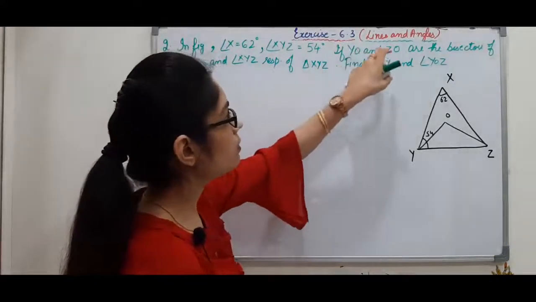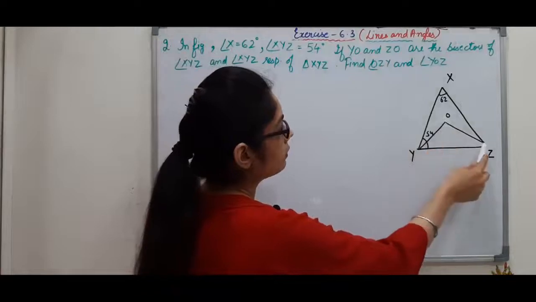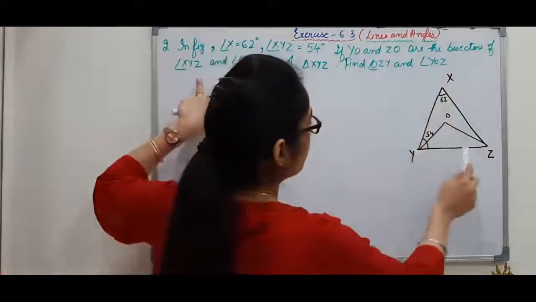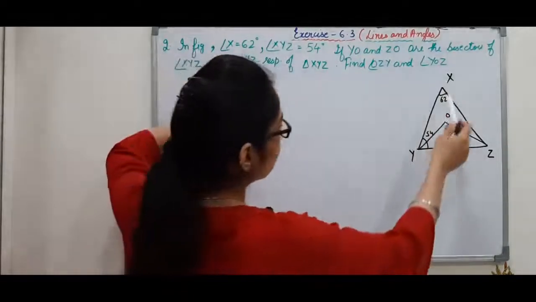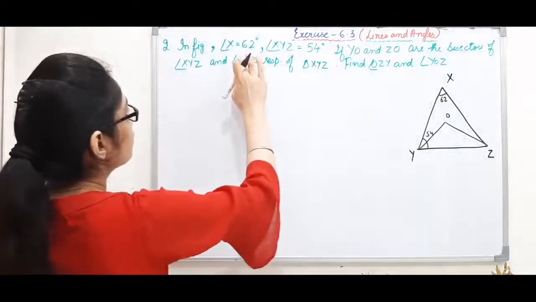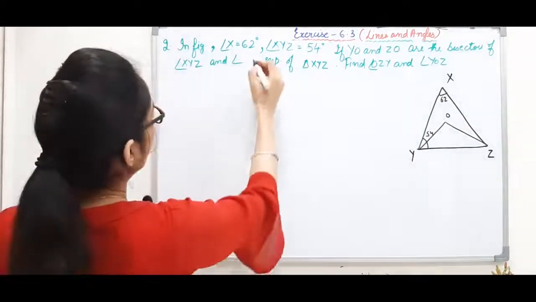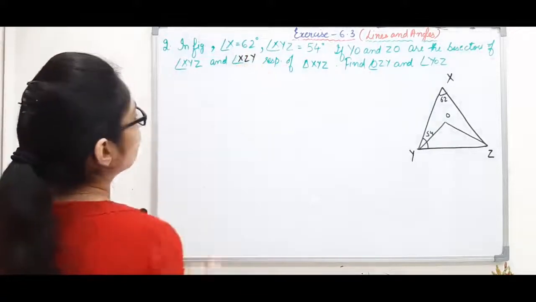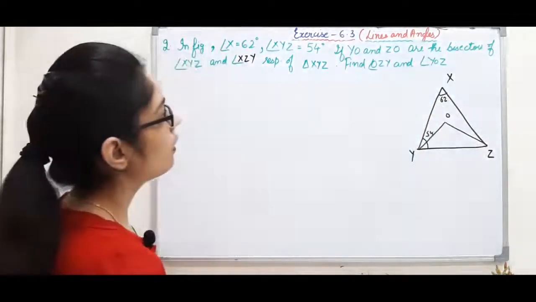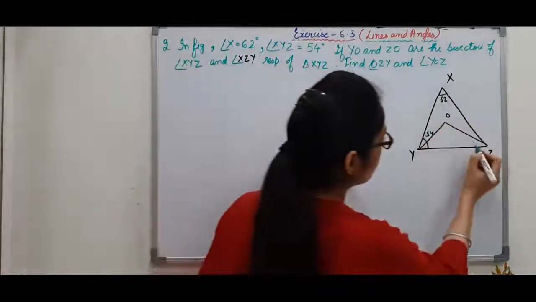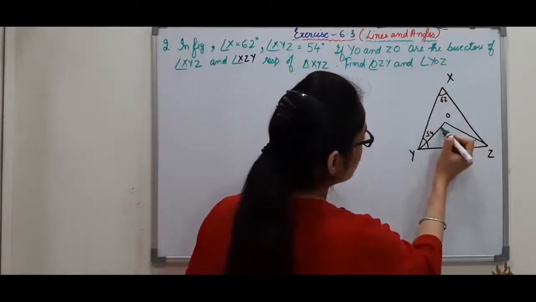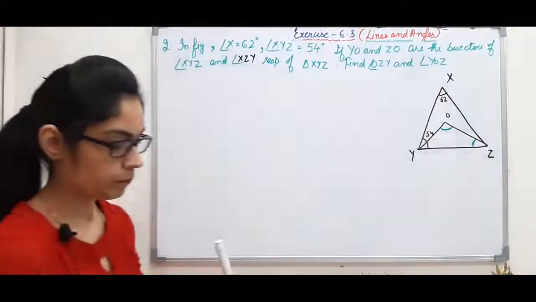If YO and ZO, this line and this line, are the bisectors of angle XYZ and angle XZY respectively of this triangle, we have to find angle OZY, this one, and angle YOZ. So these two angles we have to find.